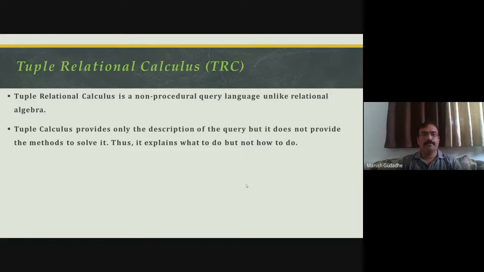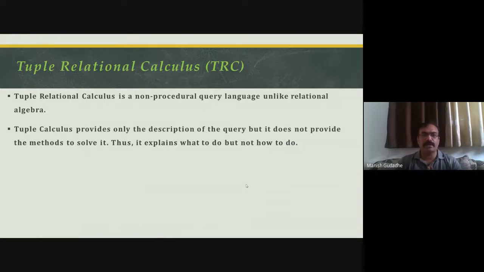Okay. This is a non-procedural query language, whereas relational algebra and SQL both were procedural query languages. So there we had many functions which were helping us to address our queries. But this language is not strong enough to address most of the queries. It is not very strong, but yes, it is still being used, or at least we need to know how it is used.